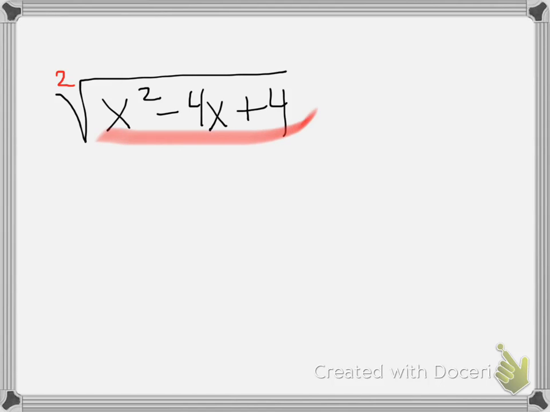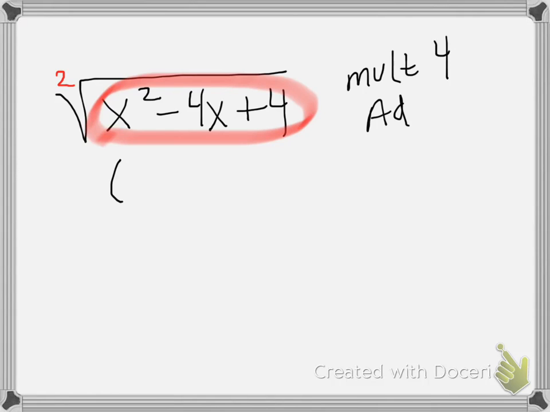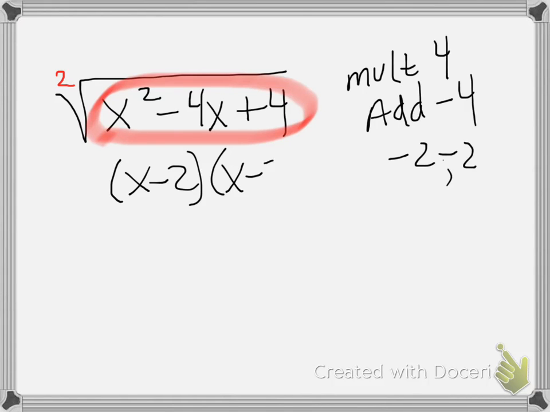How can I make this into two groups of something that are exactly the same? Well, I have to find a number that multiplies to 4 and adds to negative 4. That's negative 2 and negative 2. So I know it's x minus 2 times x minus 2.